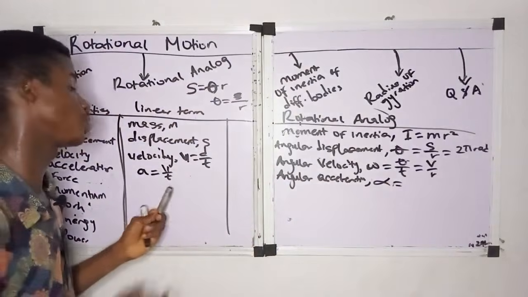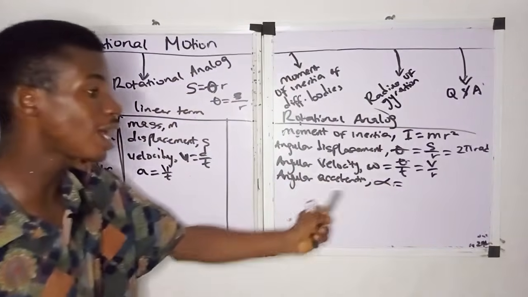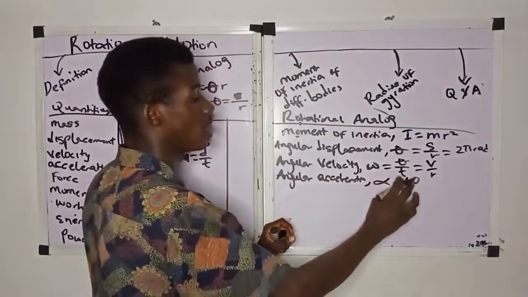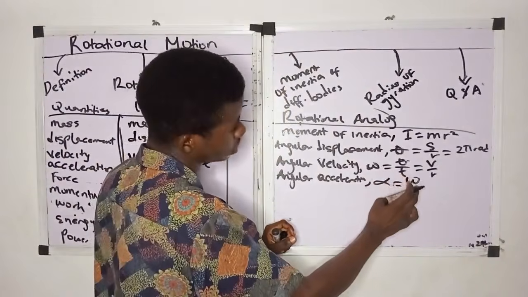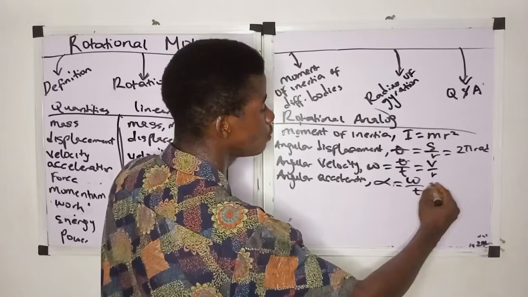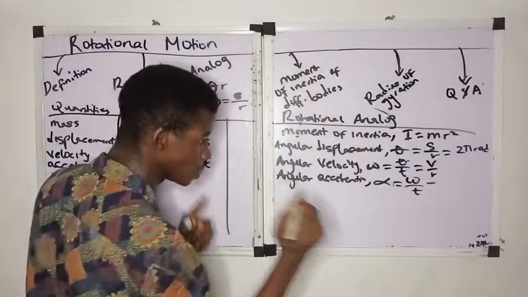If linear acceleration is equal to velocity over time, therefore angular acceleration will be angular velocity over time, right?